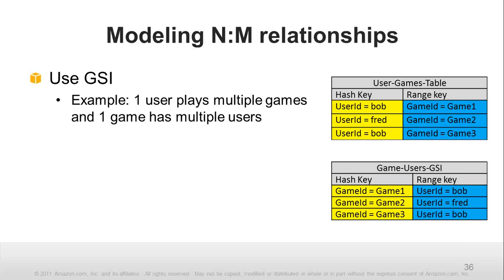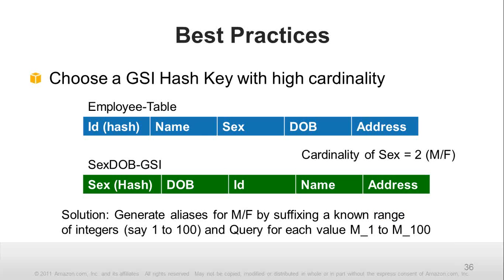But if you want to ask the question the reverse way, given a game, who are all the players who played, let's say, game 1, in which case you would get Bob here, using the game users GSI. Since this is automatically managed, the updates to the game users GSI are automatically managed by DynamoDB. This is a very powerful way. GSIs give you a very powerful way of modeling many-to-many relationships.